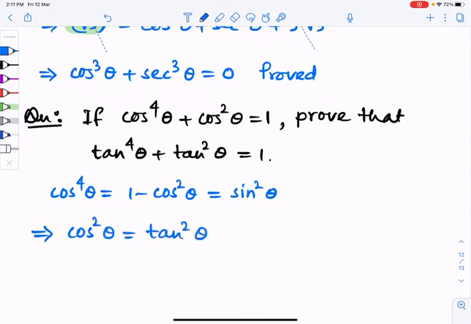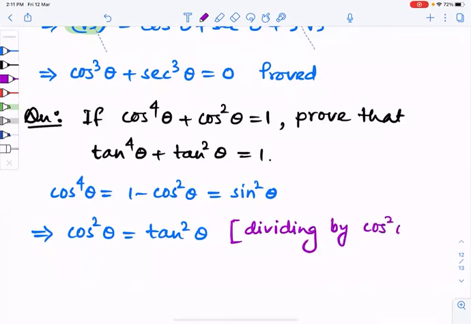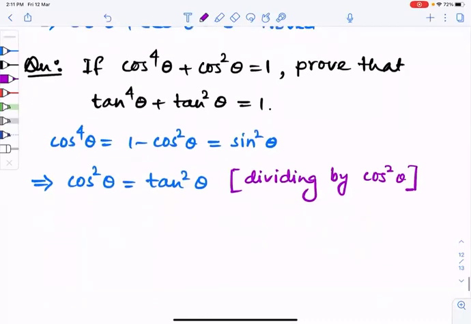So how did I get it? By dividing by cos square theta. If I divide both sides by cos square theta, I'll get this.